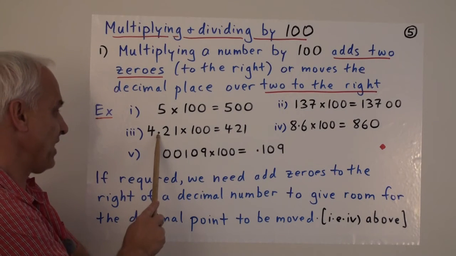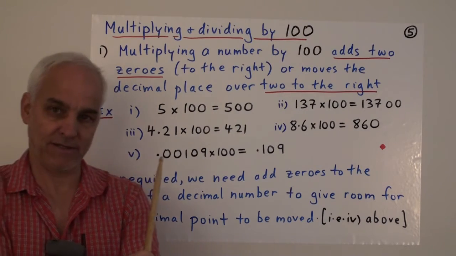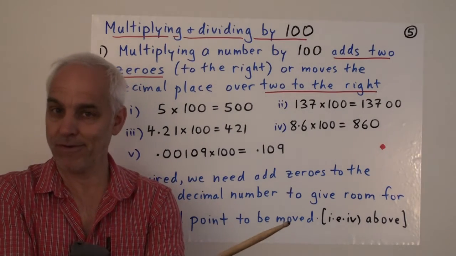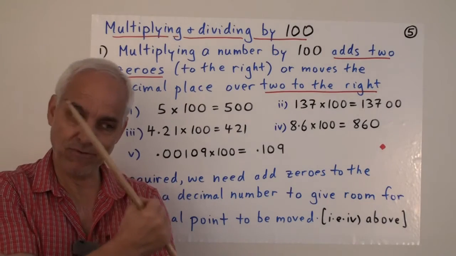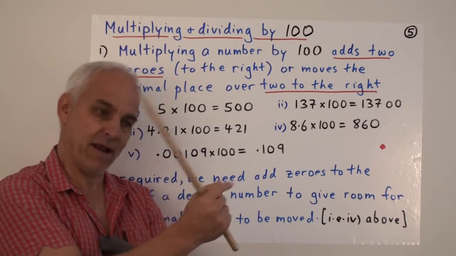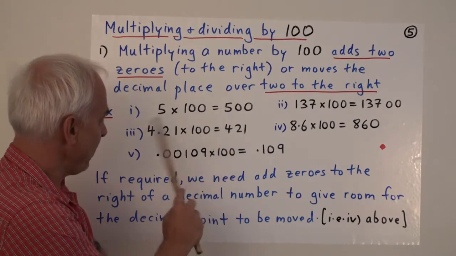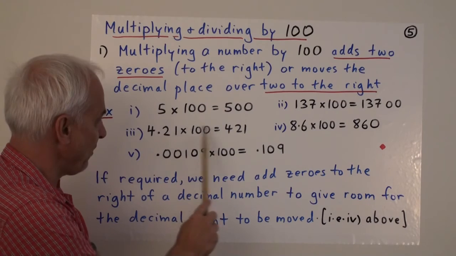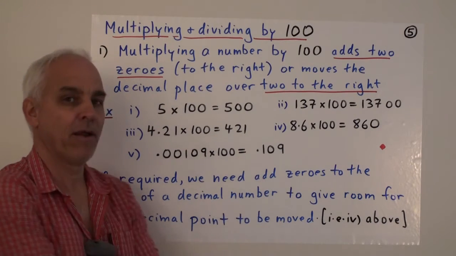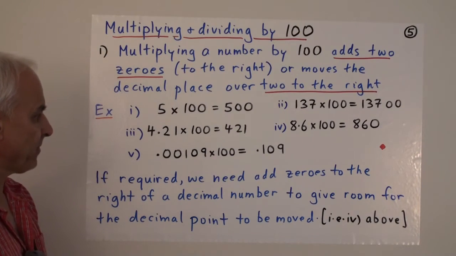So what happens to the decimal? Well, it moves over to the right, but it moves over 2 places, because we're multiplying by 100. If we multiply by 10, it moves over 1 place. So if we multiply by 100, it moves over 1 and then another 1, for a total of 2. So we get 421. The decimal point has moved from here to there, and once it's there, we don't need to write it down anymore. We just write 421.